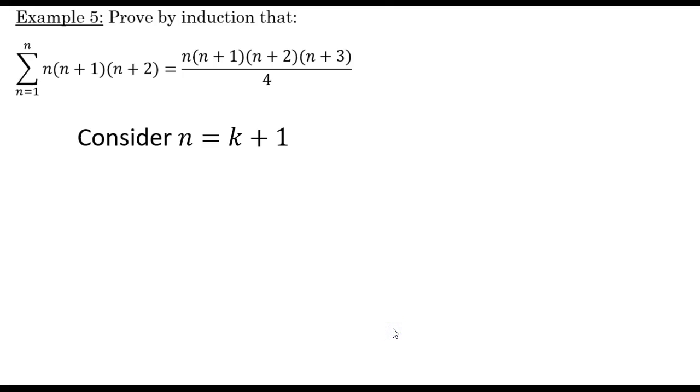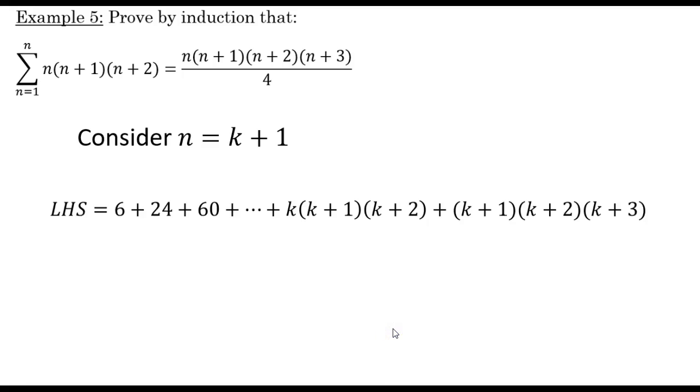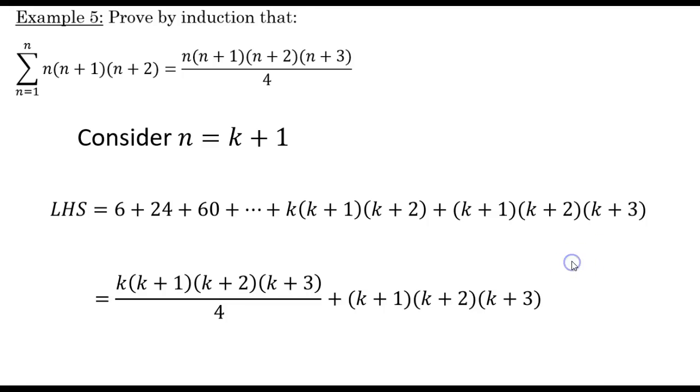Now, let's look at the case of n equals k plus 1. My left-hand side is the sum of all these things. It's the first term, the second term, the third term, the kth term, and then the k plus 1th term. Now, the first k terms of that expression can be written as what was the right-hand side on the previous page, where n equals k.